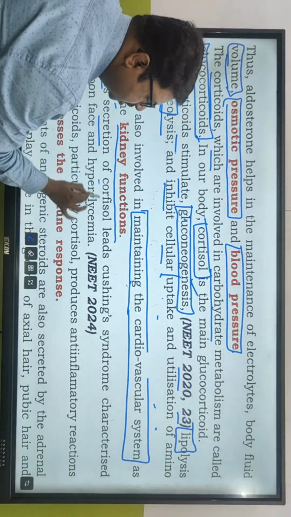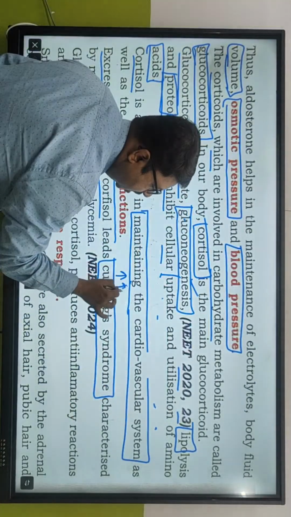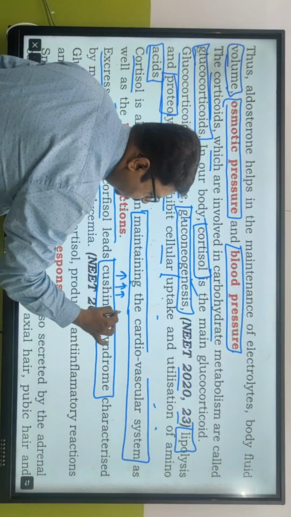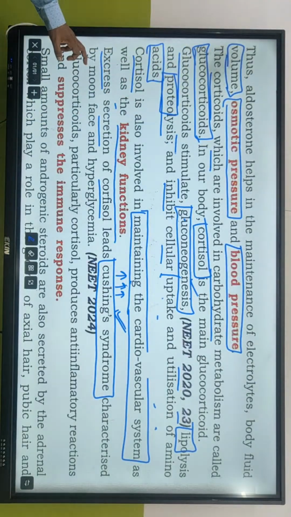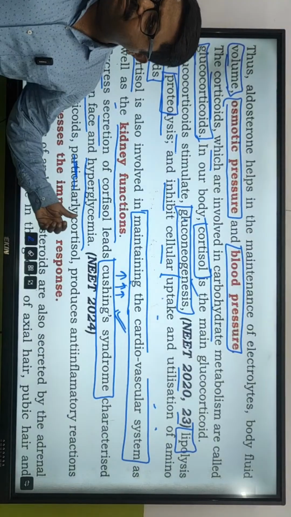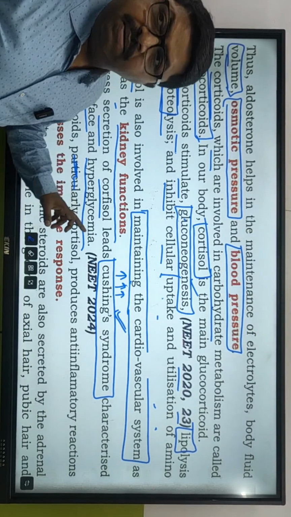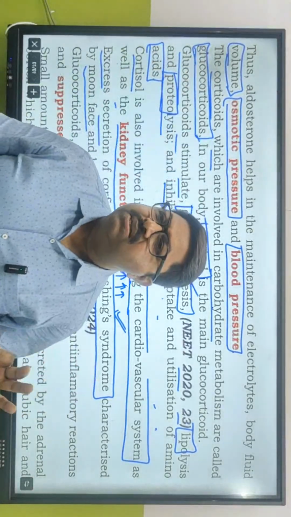Excess secretion of cortisol leads to Cushing's syndrome. So hypersecretion of cortisol leads into Cushing's syndrome, characterized by moon face and hyperglycemia. What is hyperglycemia? More amount of glucose. Emia means blood.